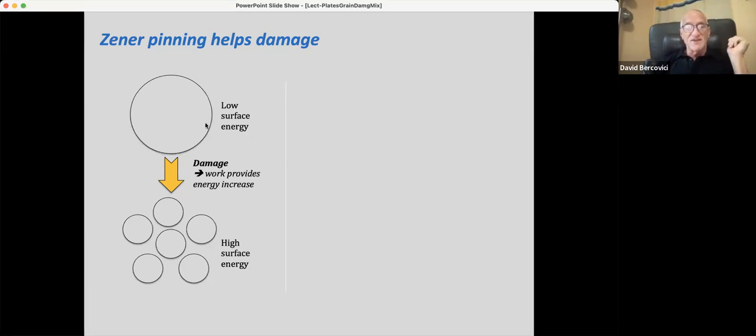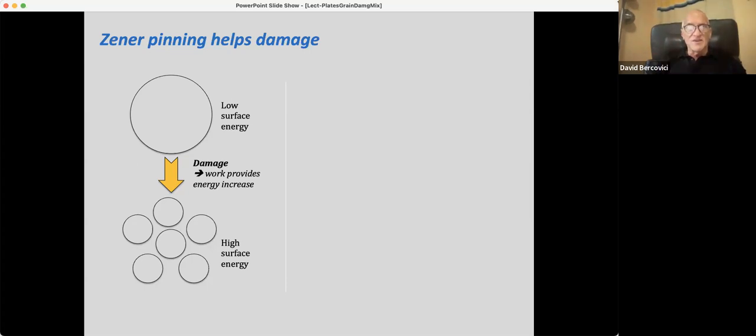It's basically saying that if I start with a low surface energy on this big grain and I want to break it up into these 6 smaller grains, then it takes energy because I have to have created some new surface energy. This isn't all that different from Griffith's crack theory, which basically says the energy to create a new crack is a surface energy on the new crack surface. So it's very similar to that.